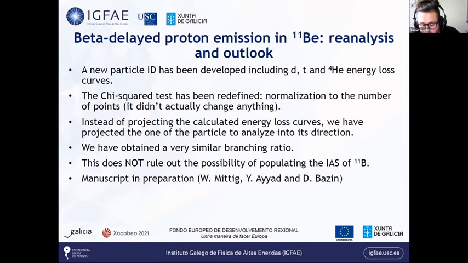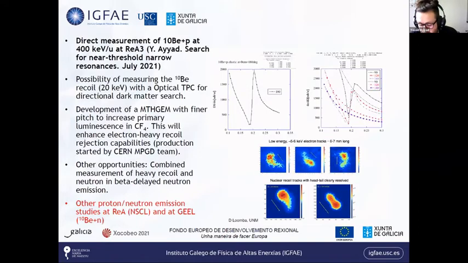Now the question is, what could we do regarding this type of measurement? Of course, the only thing that we can do is to measure more and better. The next thing that we are going to do, and I'm excited to say that this will happen next month, is to measure that resonance directly.